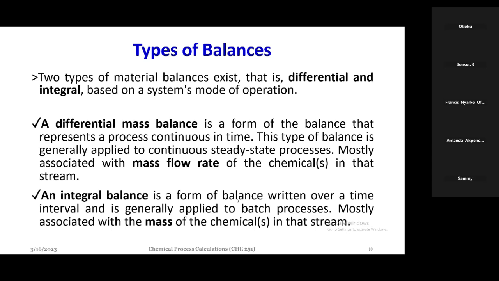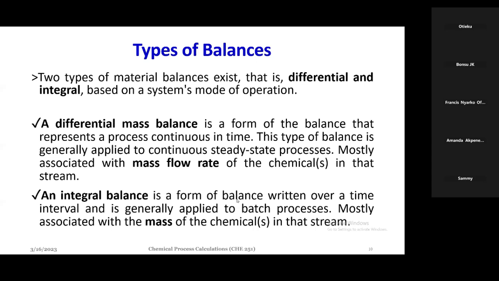When it comes to the balances, there are two main types. We have the differential mass balance and then we have the integral mass balance. Now the differential mass balance is typically applied to continuous steady state processes. But the integral is typically applied to batch processes, because in that one, there's no continuous input and output.